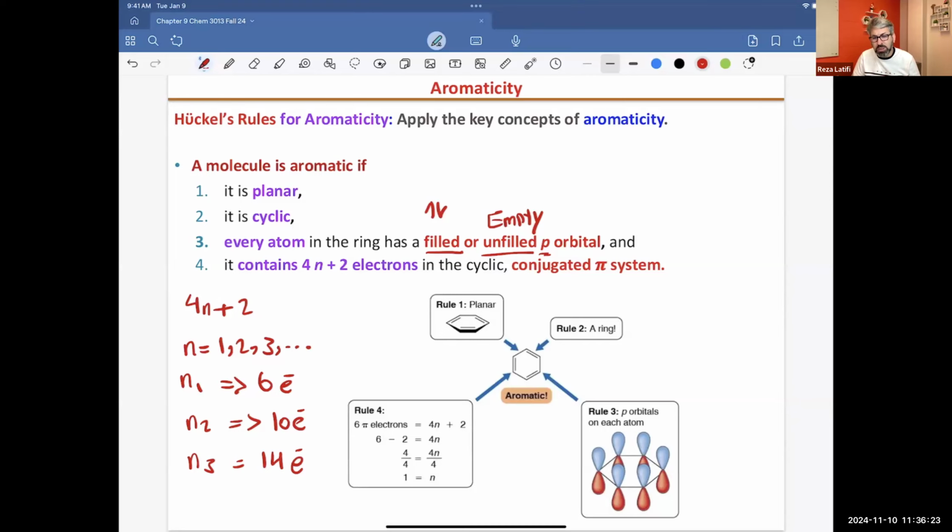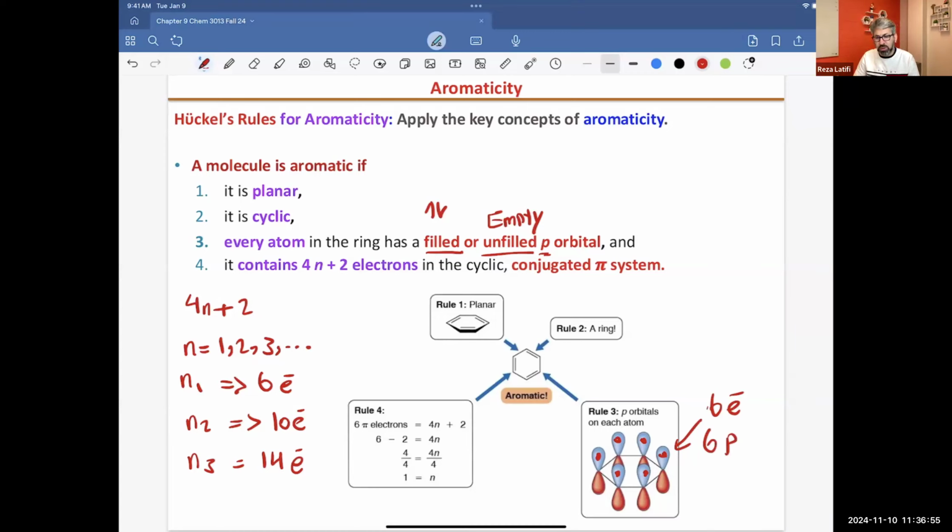For example, when it comes to the benzene molecule, the molecule is planar, so the first rule, we met it. The second is the ring, again that's cyclic, so it's good news until now. Next, how many p orbitals do we have? We have 6 of them, and each one has 1 electron in it, so I'm going to put 1 electron in each one. We have 6 electrons inside 6 p orbitals.